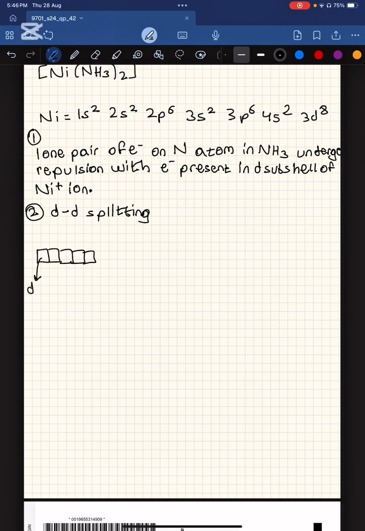This orbital is dx2-y2. It's not necessary that the first orbital should be dx2-y2, I'm just labeling it randomly. This is dz2. This is dxy. This is dyz, this is dxz, and then when it undergoes splitting, it depends.